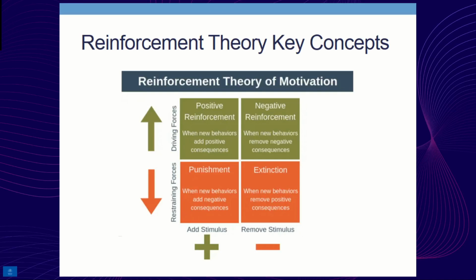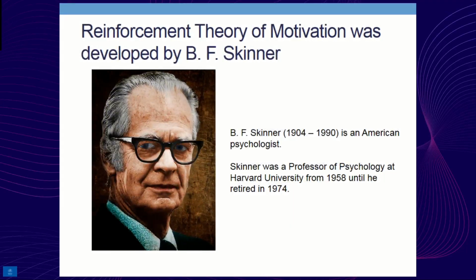The background of this theory: it was developed by Skinner. He is an American psychologist. He was a professor of psychology at Harvard University from 1958 until he retired in 1974.